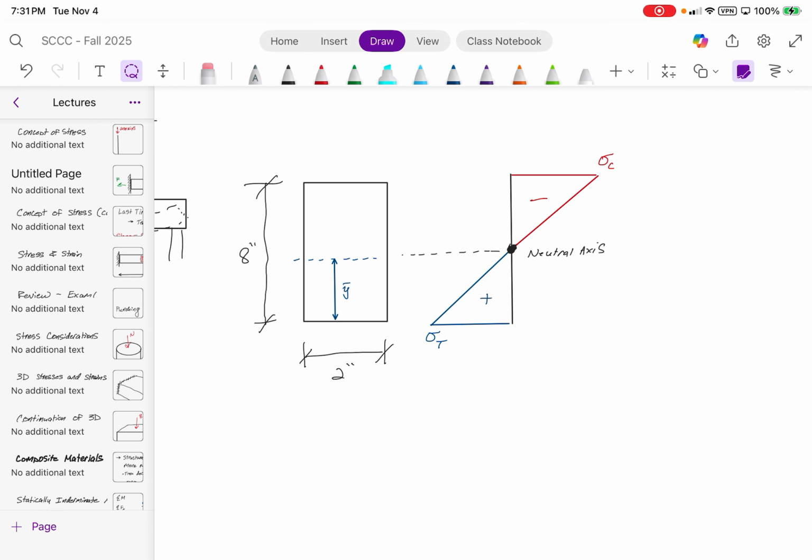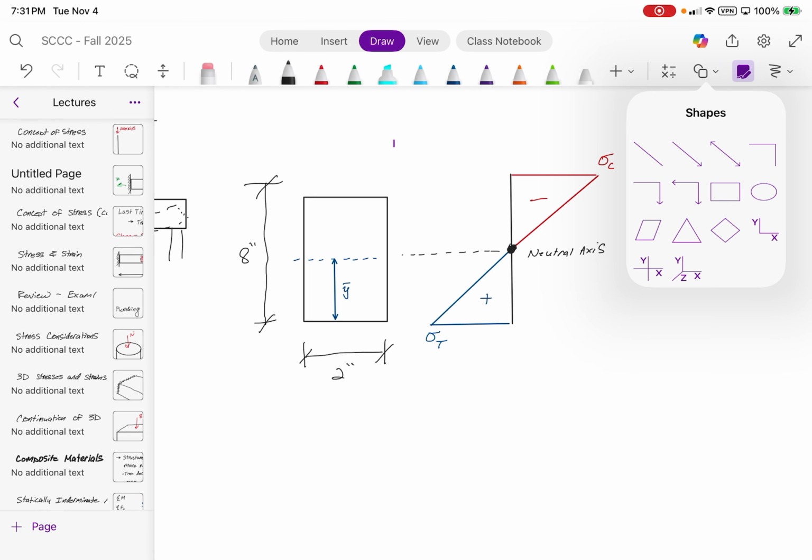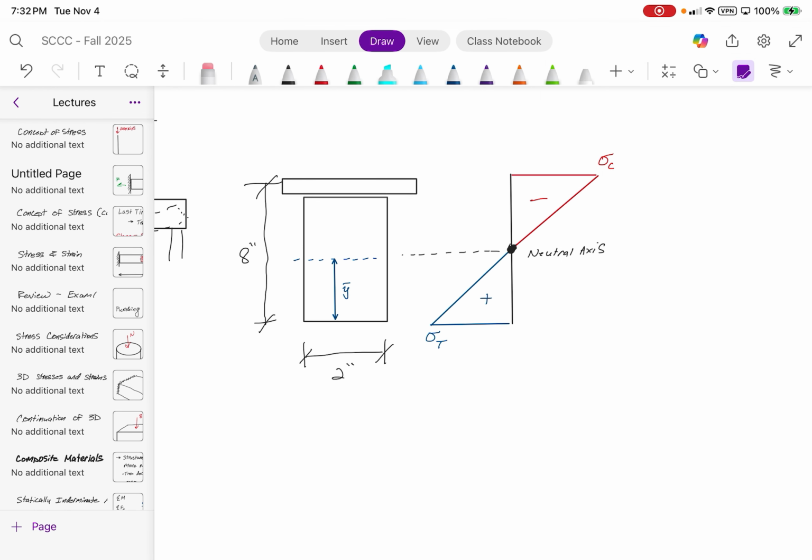If I were to instead change this to something more along the lines of a built-up section, just like this, then this Y bar would be slightly higher, right? You guys agree with me or disagree with me on that? I agree.